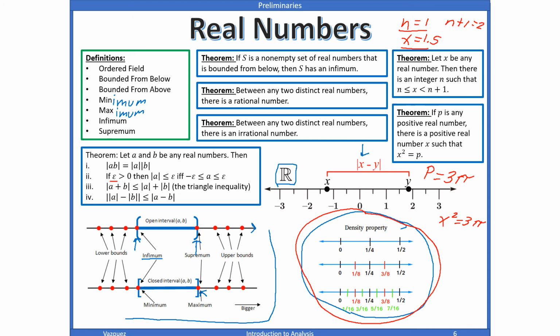So it makes these properties true: if epsilon is greater than 0, or actually any real number greater than 0, then this property holds right here. And for 3, we should know the triangle inequality. And finally, the fourth one, also a property. So yeah, that should be it for the video.